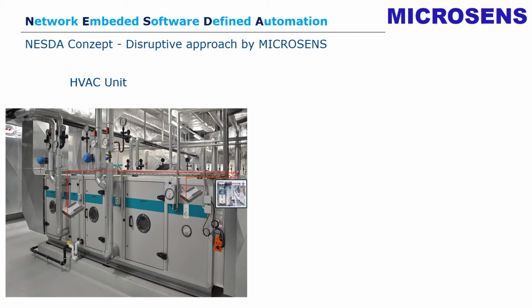We use some smart I/O controllers, which are also installed locally on the HVAC device. In our sample here is a ventilating unit, and the programming or the functionality is defined only over software inside the switch, in our case the PLM.